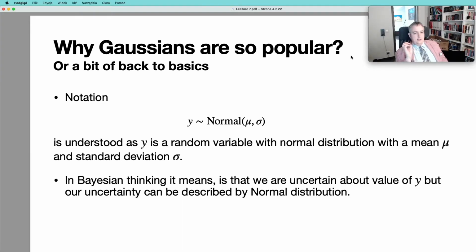However, generally, we are focusing on the normal distribution, so we assume that y is normally distributed with mean mu and standard deviation sigma when it is a random variable from the distribution. And in our Bayesian context that we are covering during this course, we are uncertain about an actual value of y, but our uncertainty can be described by a normal distribution.